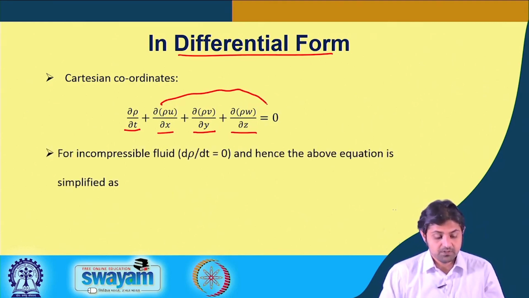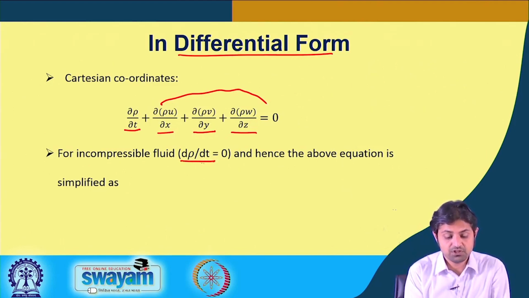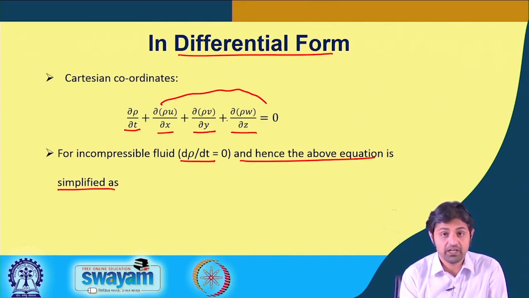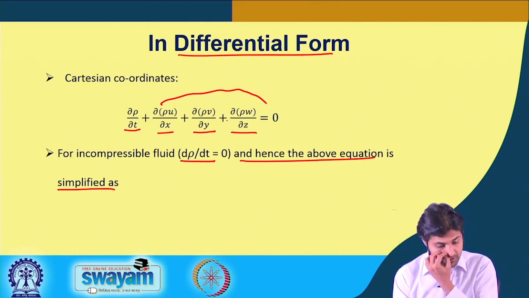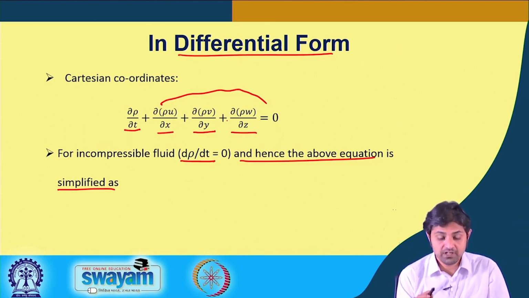For incompressible flow, the density does not change with time, and hence the above equation is simplified, and the rho can come out. It does not change with respect to x or the other coordinates, or time.